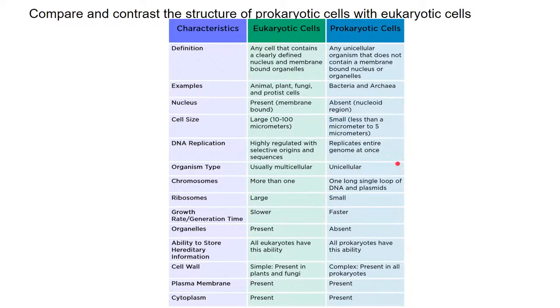Again, unicellular, so chromosome, because there's one DNA, and that DNA is in a single loop. So it's a circular DNA. It's not linear. Eukaryotic DNA is linear DNA.